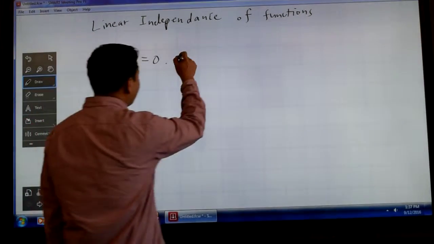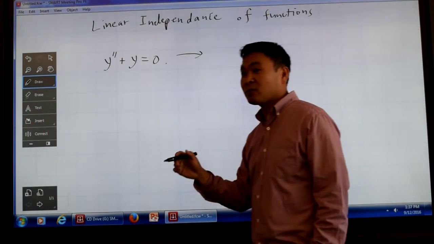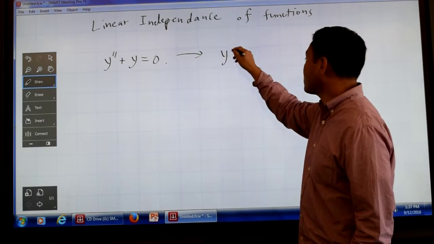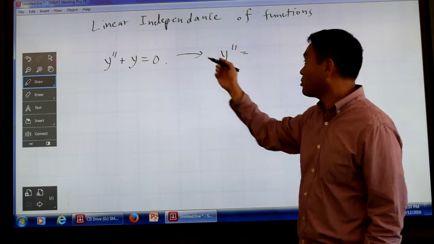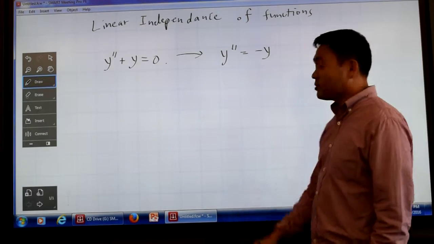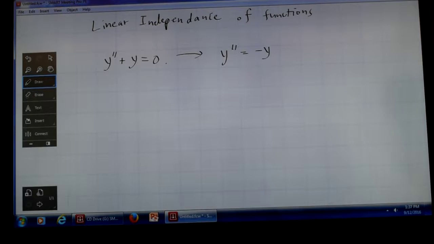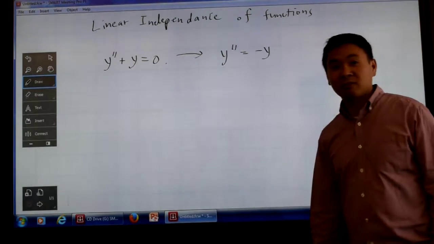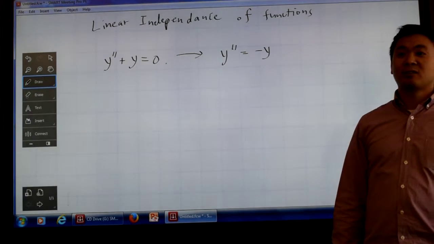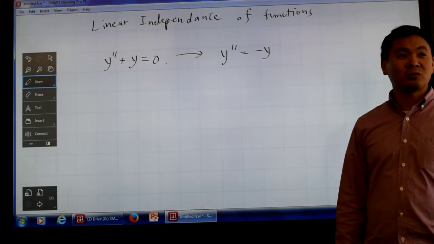It won't be easy trying to figure such a function out, but think about it this way. If I move the y to the other side, basically I have a function whose second derivative is the negative of itself. Do you have any experience in dealing with such functions?